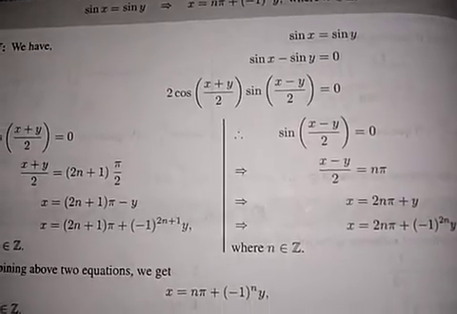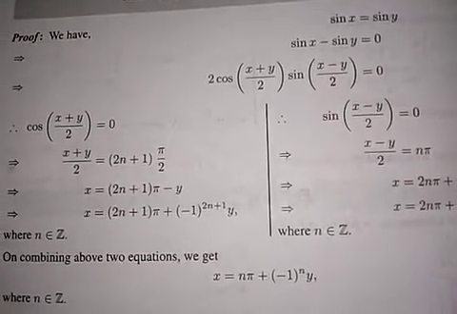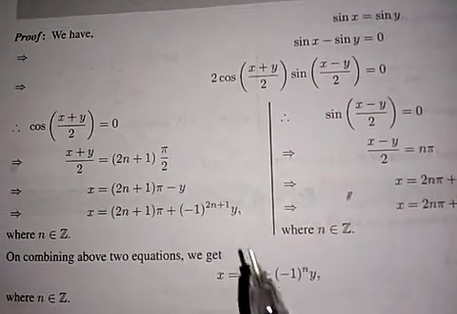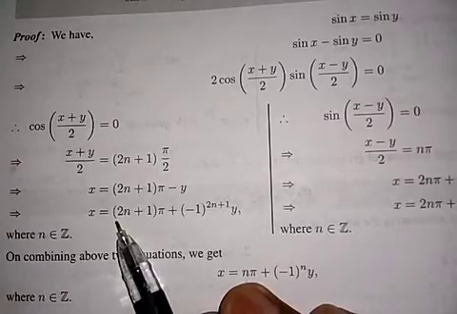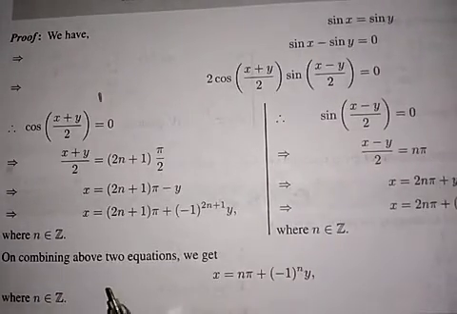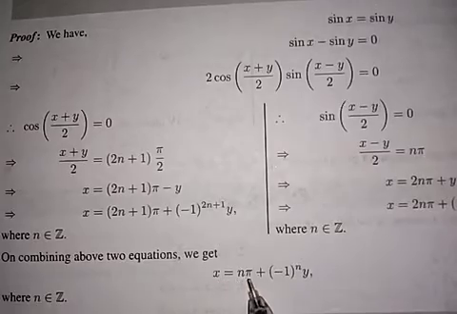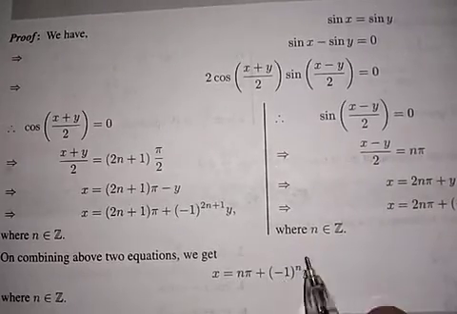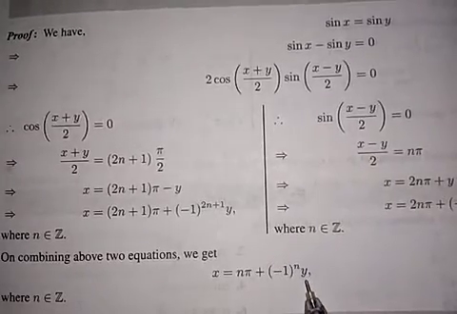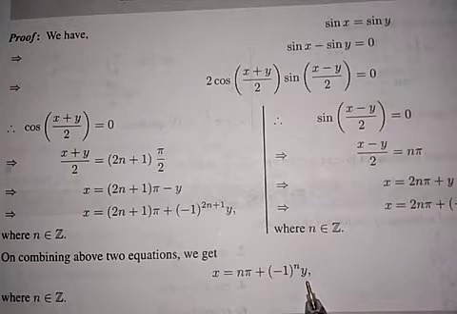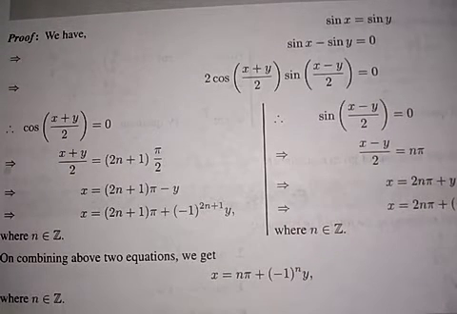From equation 1 and 2 we can combine the value of x, then we can write here x equal to n pi plus minus 1 power n into y, where y is principal value of given trigonometric equation.